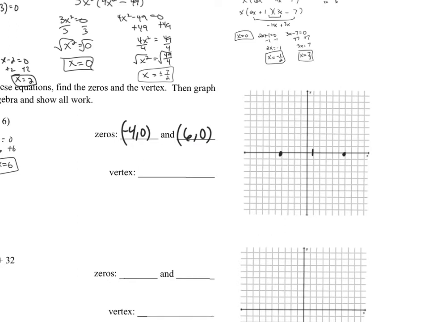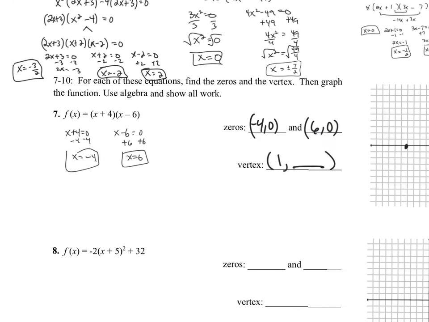That's 5 on each side of each 0. So the vertex is going to be 1, comma, and then we have to figure out what the y value is. So to figure out the y value, we just plug 1 in. So it's going to be 1 plus 4 times 1 minus 6. This is going to be 5 times negative 5, which is negative 25.